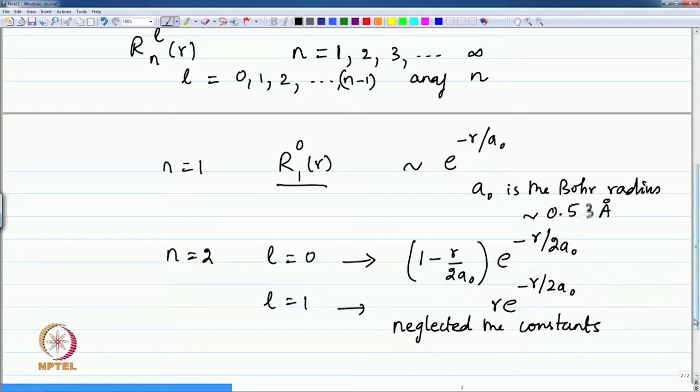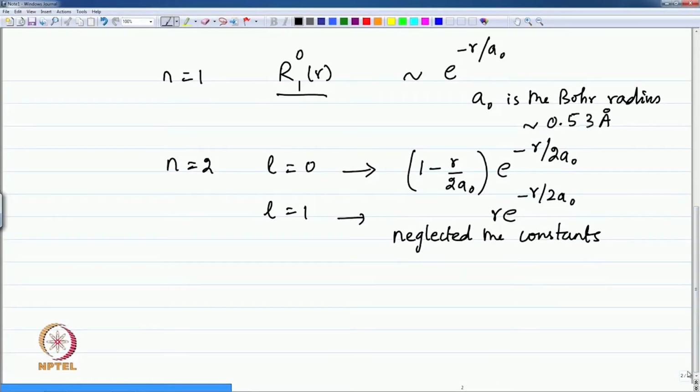But if I have to write this exactly, then R 1 0 of r is equal to 2 by a naught raised to 3 by 2 e to the minus r by a naught.